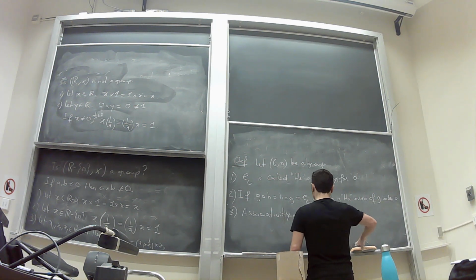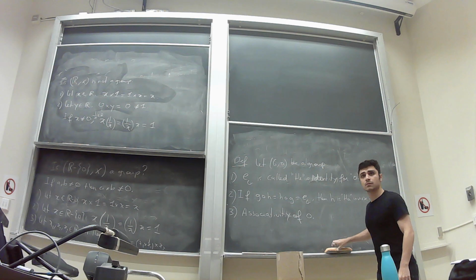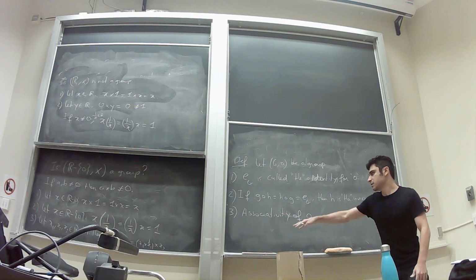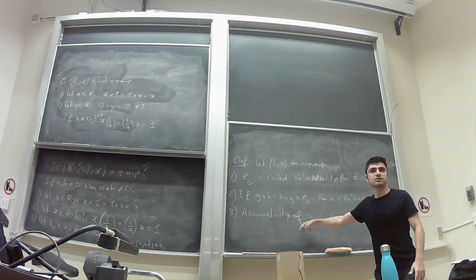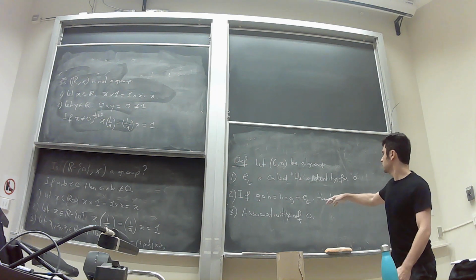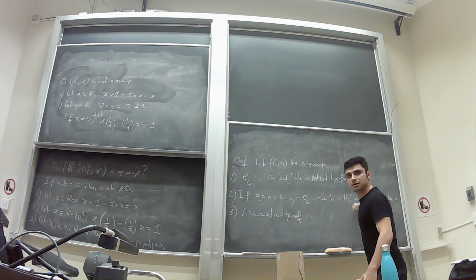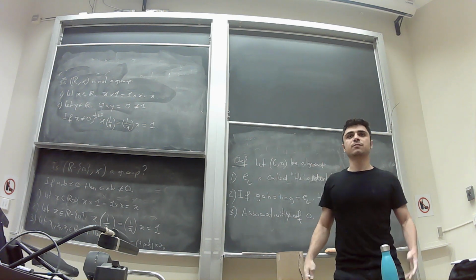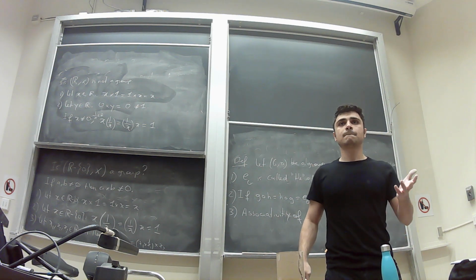The thing is, it doesn't define anything new; we're just saying there's a name for those things. This is how we define it: h is called the inverse, e is called the identity, and the third one is called the associative property.